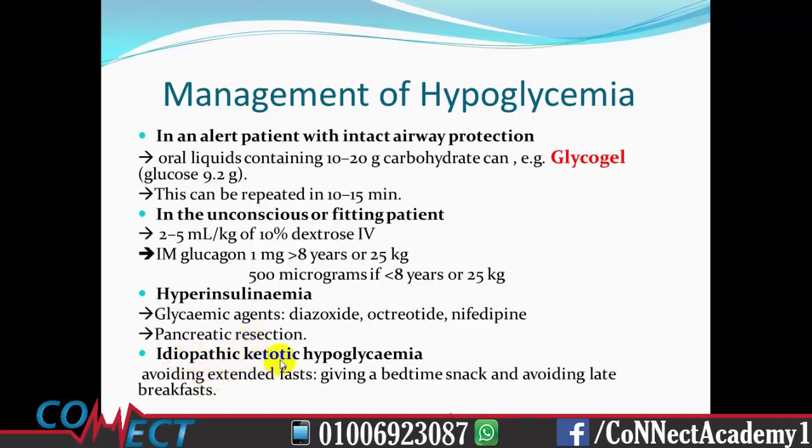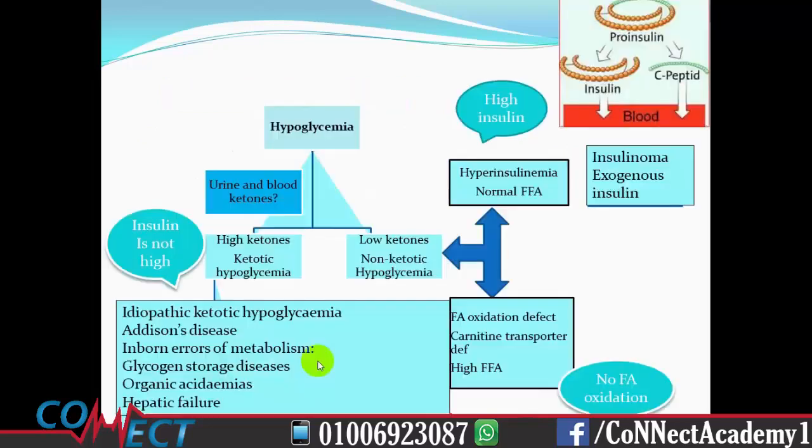In cases of idiopathic ketotic hypoglycemia, we talked about it here, the normal child with just a high basal metabolic rate that consumes his glycogen stores very rapidly, maybe through the night, becomes hypoglycemic in the morning, especially if he skips dinner, for example.